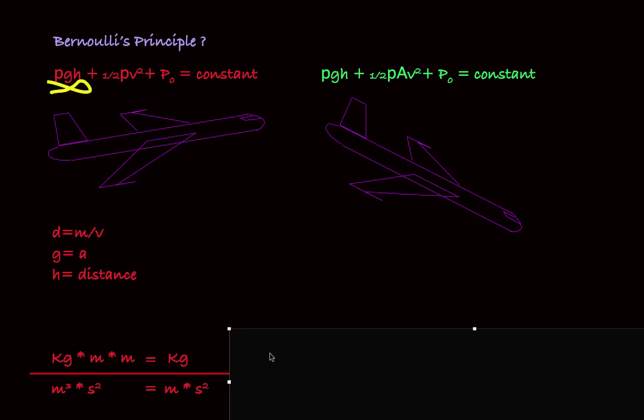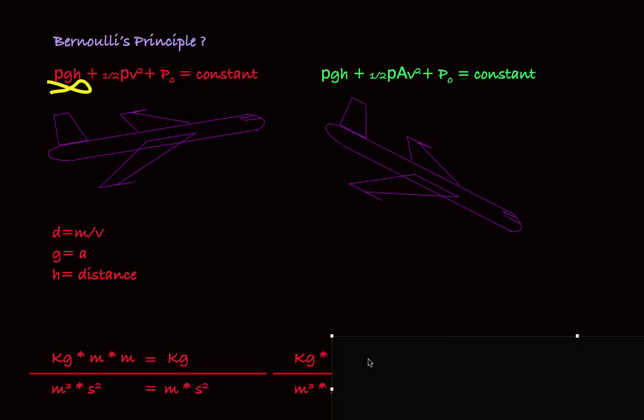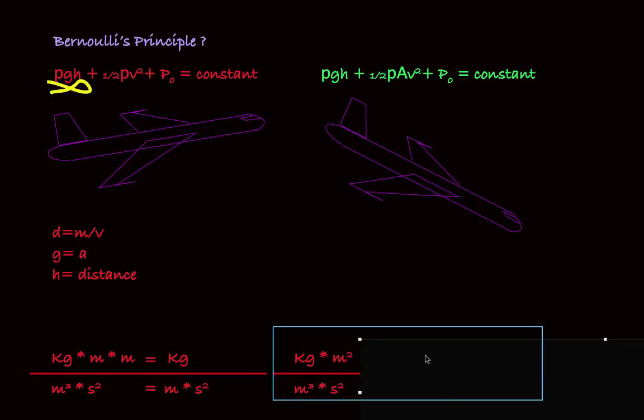Rho is once again kilograms per meters cubed, multiplied by velocity squared, which is meters squared per second squared. Again, cancel out what we can, and we get the same kilogram over meters times second squared.